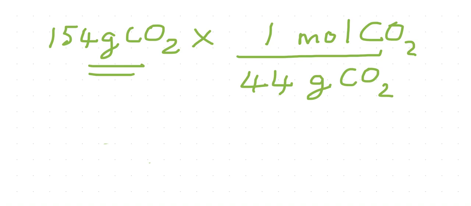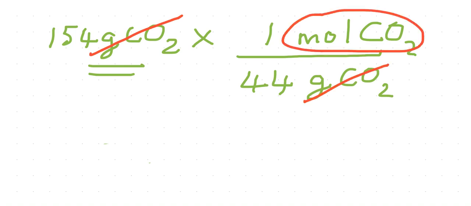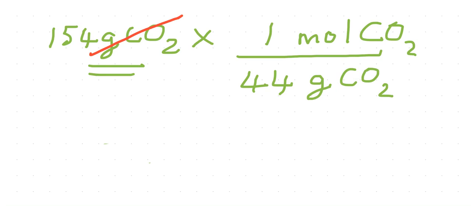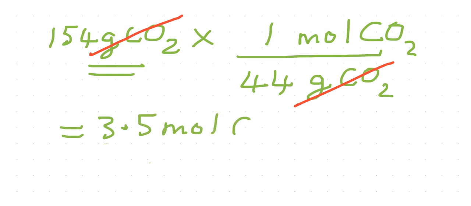Going to cancel out grams and grams, and then we will be left with the unit that we were looking for. If I were to plug this into the calculator, essentially this is 154 over 44, I should get 3.5 moles of CO2 as my answer.